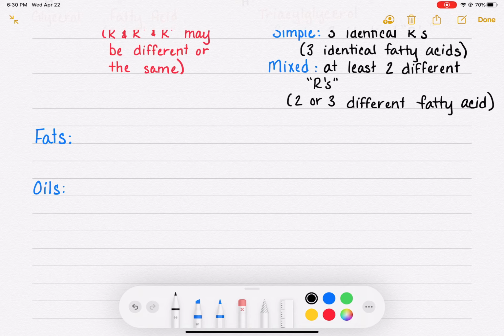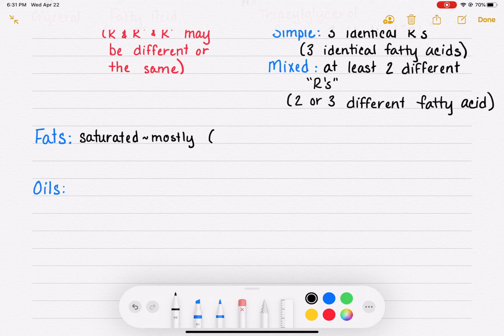Fats tend to be saturated, and I'll remind you what that means in a second, but it's just mostly saturated. It doesn't have to be completely saturated. Saturated means, when we're talking about a fatty acid, a saturated fatty acid is one that has no carbon-carbon double bonds at all.